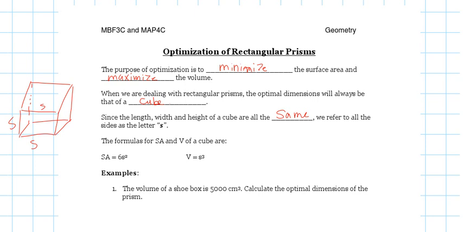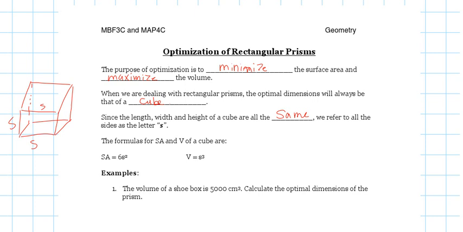What's the area of this side? Side times side. Length times width, because my length and width are the same, so it's S times S, which is S squared. I have 6 of them, so that means my surface area is 6S squared.